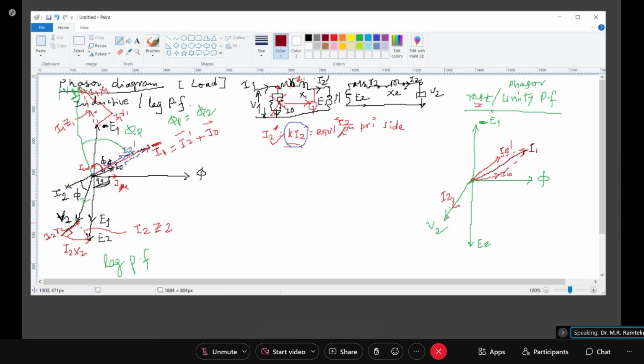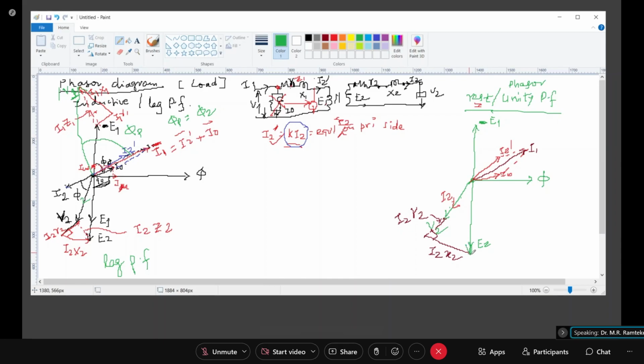Now I2 and V2 are in phase, so I will be adding the drop to this. This is in phase with that, so this drop is I2 R2. Clear? And 90 degrees to that will be my I2 X2.